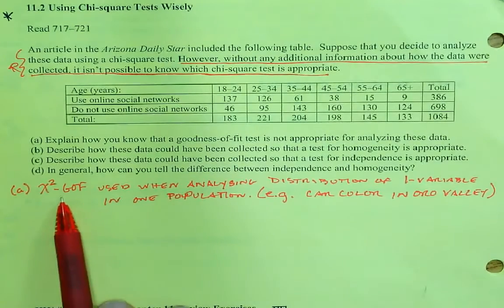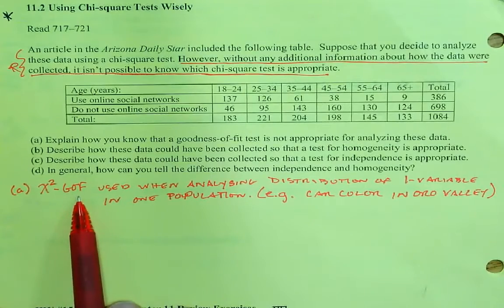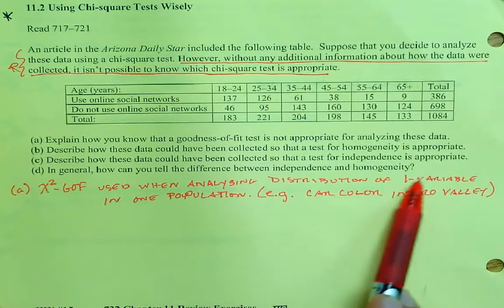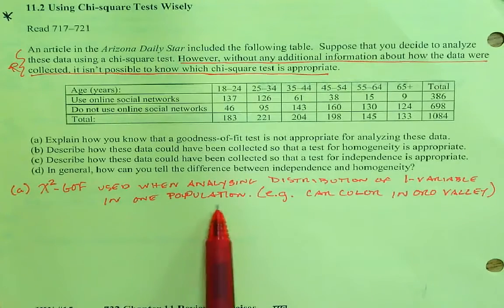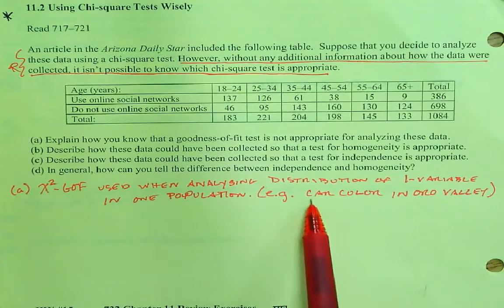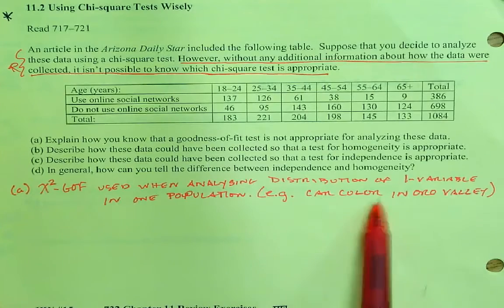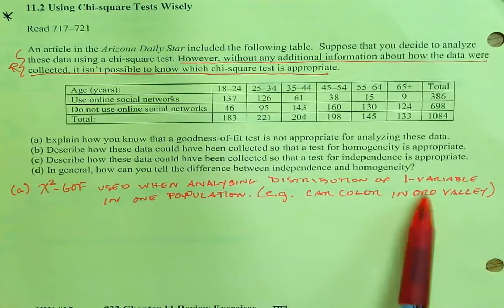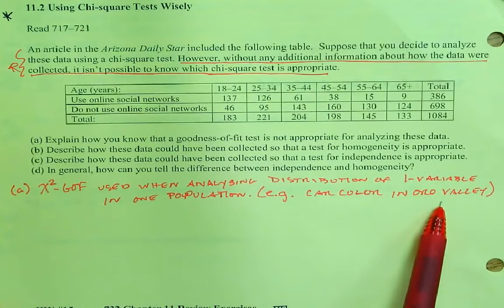Well, a chi-squared goodness of fit will be used when you're analyzing the distribution of one variable in one population. For example, we had the problem about analyzing the car color, our variable, in the Oro Valley, our population. That was one of the very first examples that we discussed.